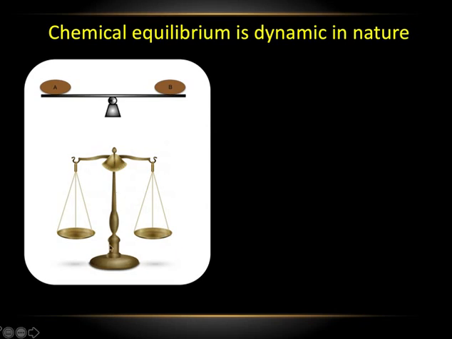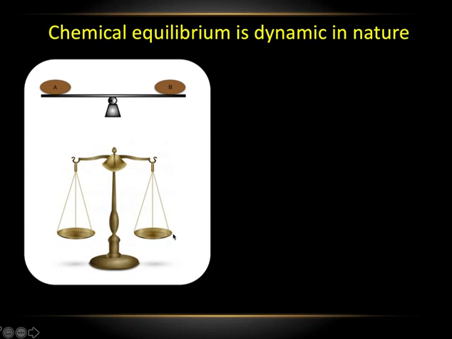Similarly, we look at this weighing balance. Here again there is an equilibrium, because the mass on this pan and this pan are equal, and here again the law of moments will apply.